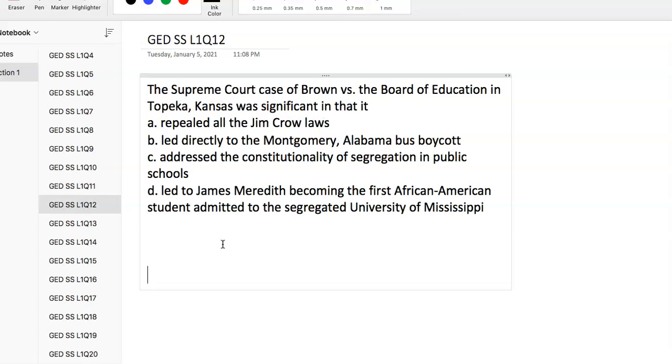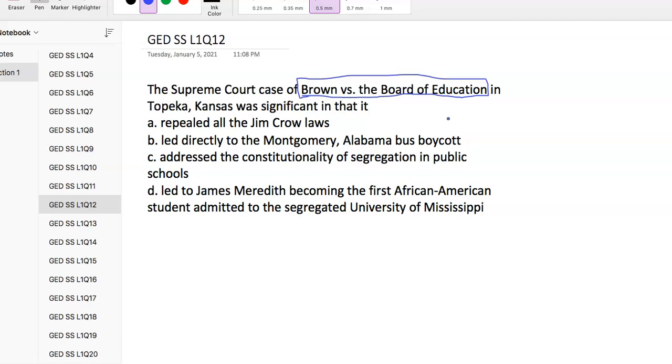Okay. Brown versus Board of Education. If I was saying of all the social studies questions, which one is the most likely to show up? This one is on like every single test I've ever seen. So we gotta know what this is.